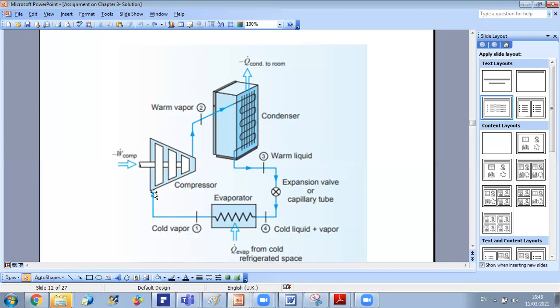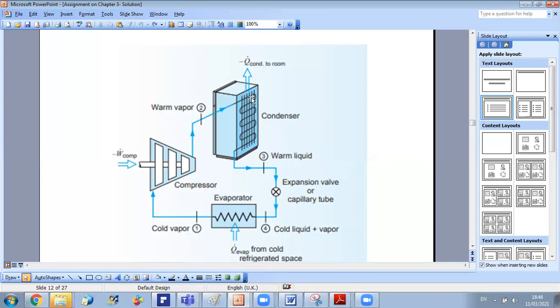The compressor will, as the name indicates, compress the fluid. It will increase its pressure. By increasing its pressure, you are giving it energy. You will see this energy as an increase in pressure and also an increase in temperature. So you will have warm vapor entering your condenser.